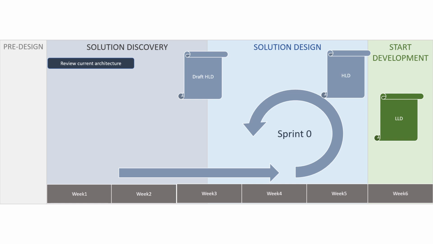Prepare as much information and draft design and documents before sprint zero to make the most of sprint zero. Finalize things such as the architecture document by the end of sprint zero, so that development can start on the basis of the design document. During development, we can prepare more low-level design documents and also take help of the development team to prepare them. A better version of the design document is the output of sprint zero.